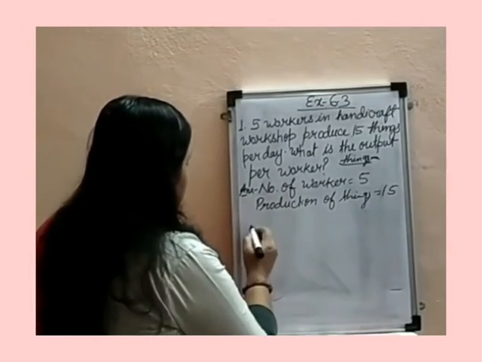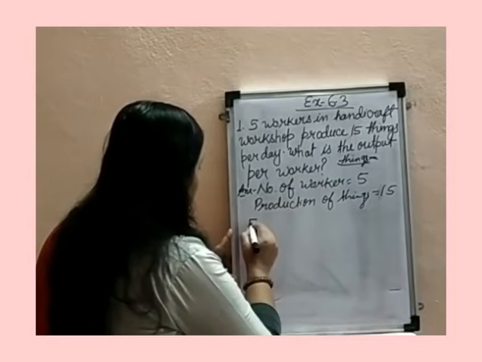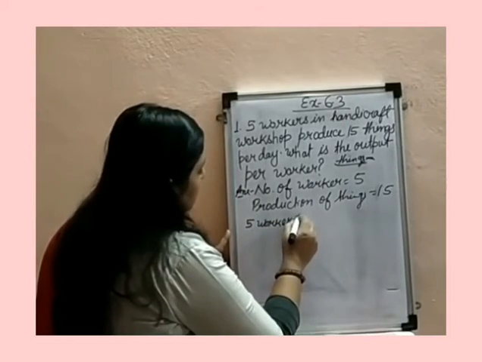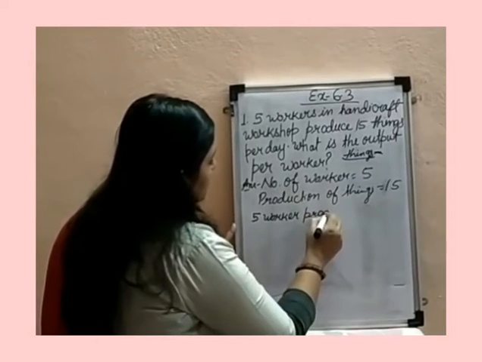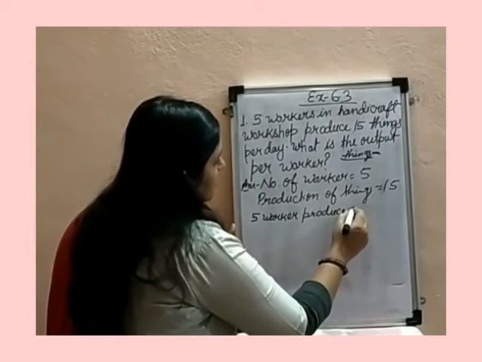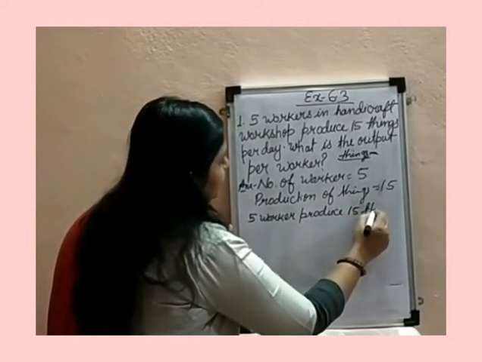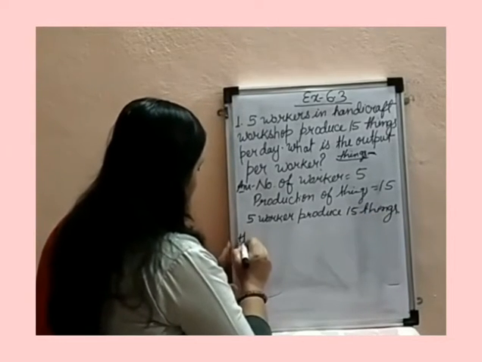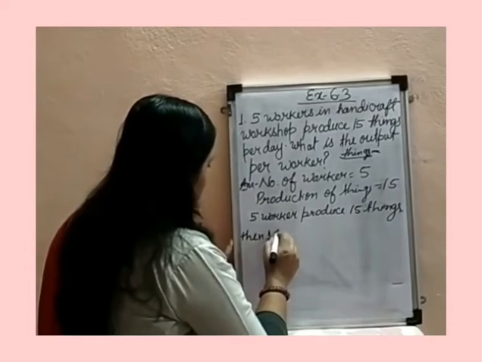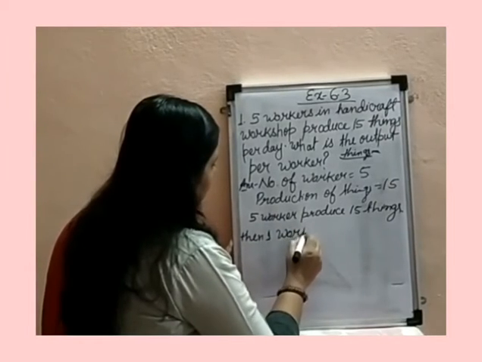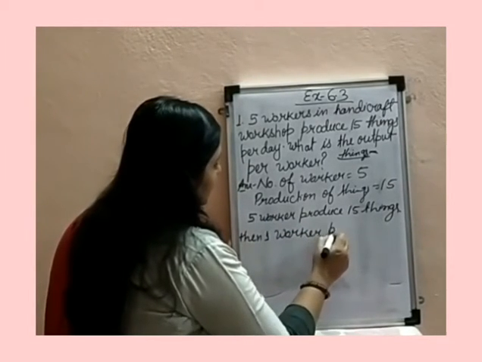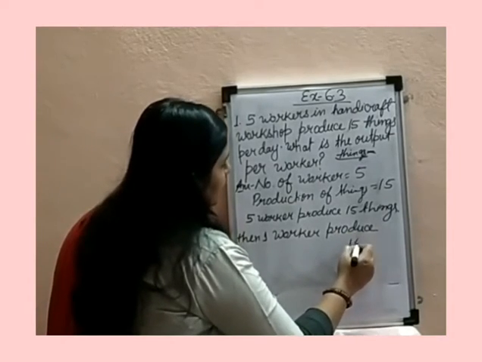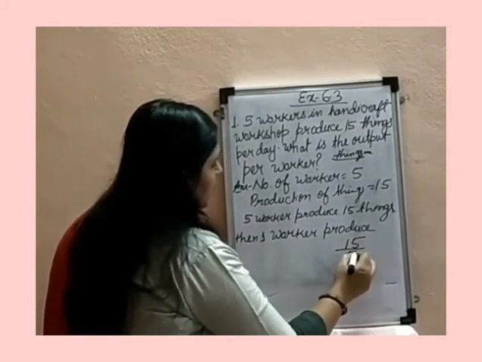For example, the statement is: 5 workers produce 15 things. Then 1 worker produces 15 upon 5.